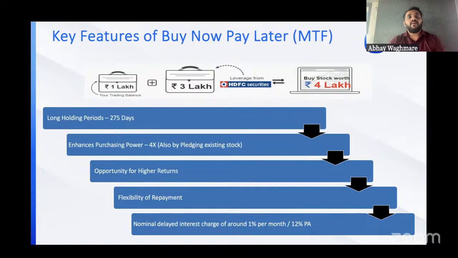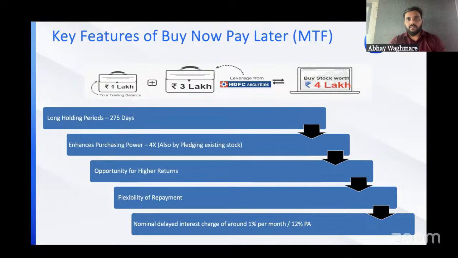Automatically your profit will become 80,000 and not 20,000. सो अब अगर आप कंपेयर करोगे, तो 1 लाख रुपए लगा के आपने इवेंचुअली 80,000 कमा लिया है, which is 80%. सो विद द हेल्प ऑफ MTF, the opportunity of getting higher and higher returns definitely increases. So one should try the MTF facility, because it is very simple.